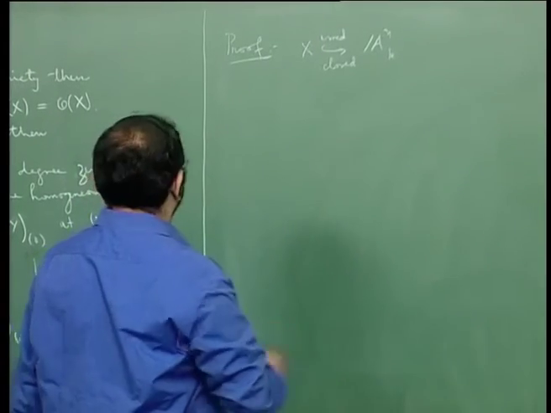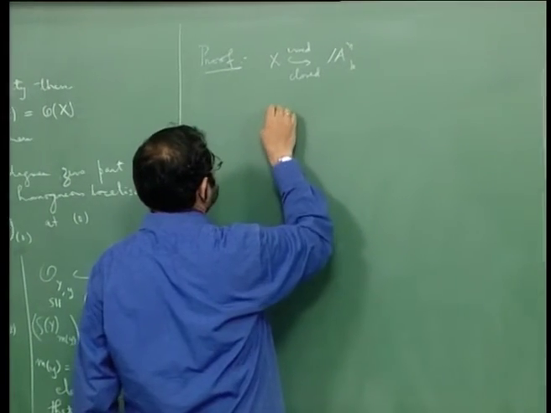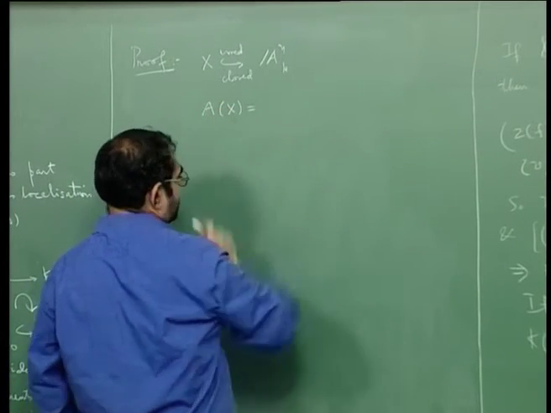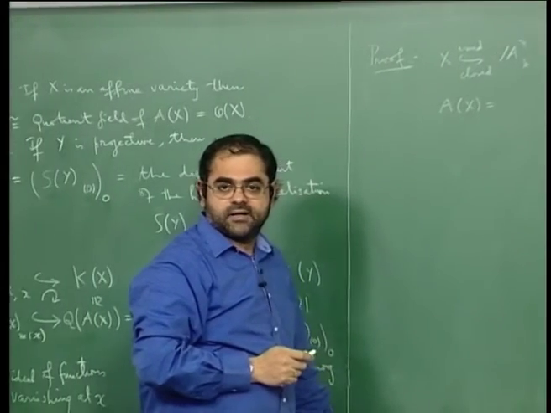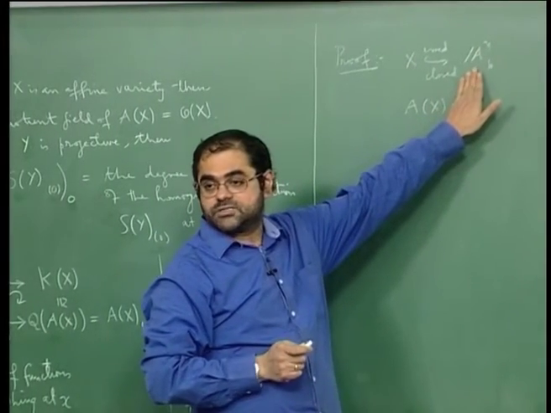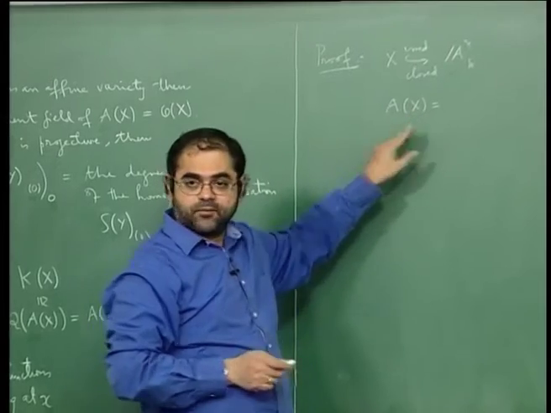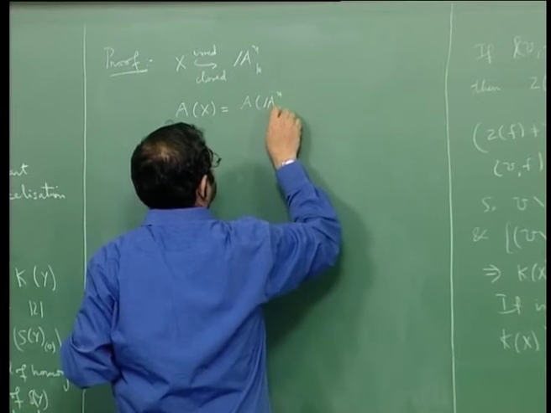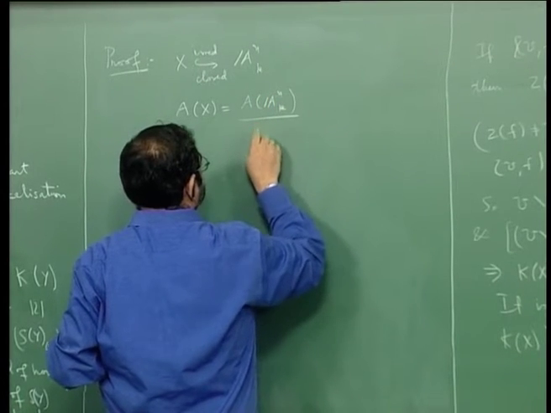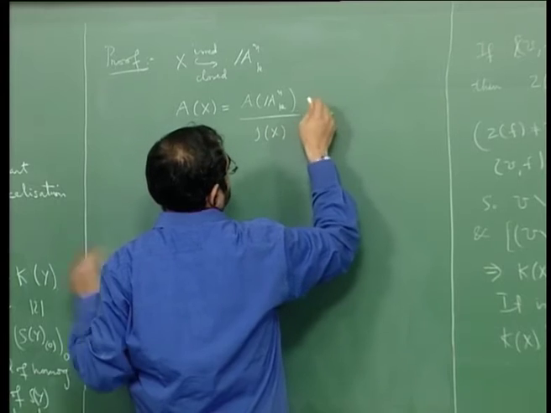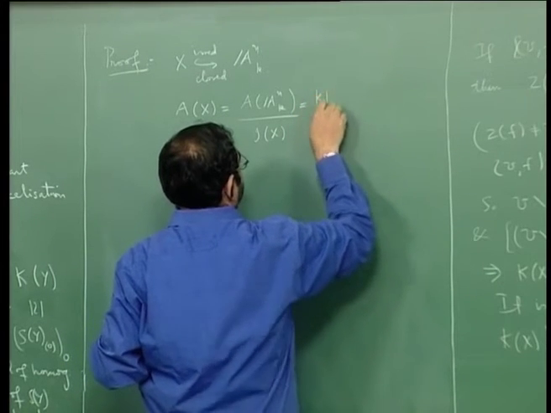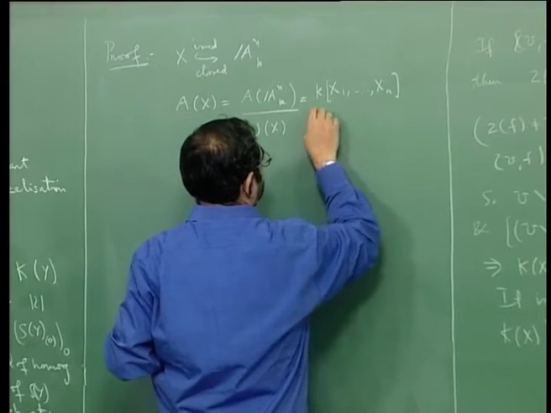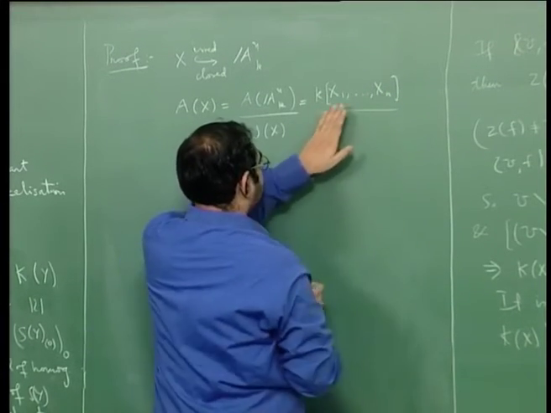and A(X), by definition, this affine coordinate ring of X, is just the ring of polynomials in n variables, namely the polynomial functions on this affine space restricted to X. So this is by definition A(A^n) divided by the ideal of X, and A(A^n) can be identified with the ring of polynomials in n variables over k.